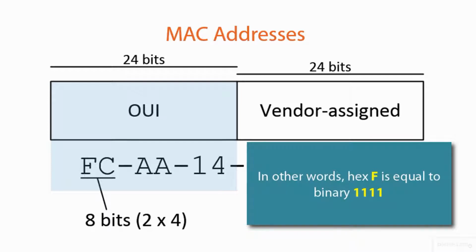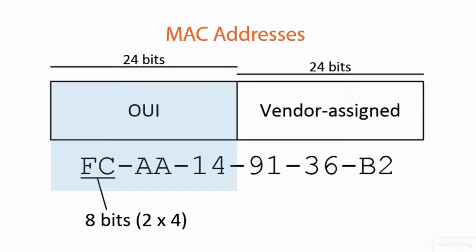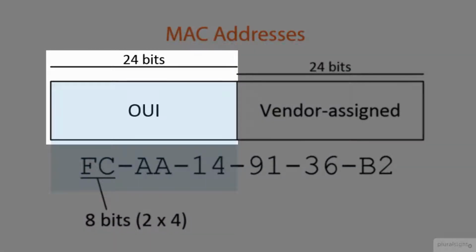If that's a little confusing to you, you can check the Pluralsight library. I give you in the course notes some heads up on that. But all you need to know for the A+ is that MAC addresses are represented in hexadecimal. They're 48-bit addresses. And the first half, which is the first 3 groupings of 2 hex digits, is going to be specific to the vendor of that network interface card.